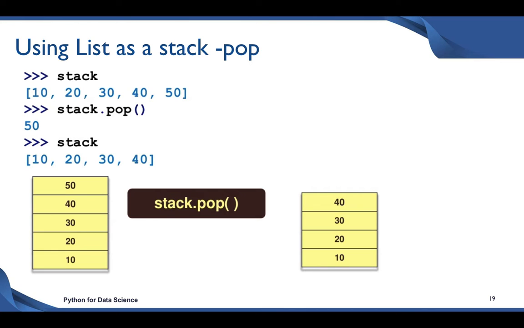Suppose we wanted to remove the 50, that is the element which is present at the end of the list. We could remove that element by specifying its index place, and by using the del keyword also. But what if you wanted to retrieve that element?